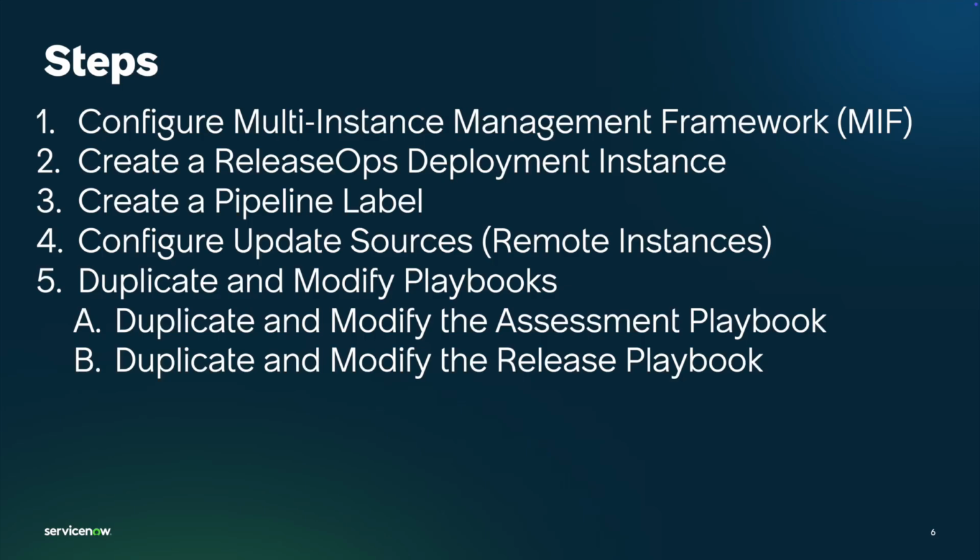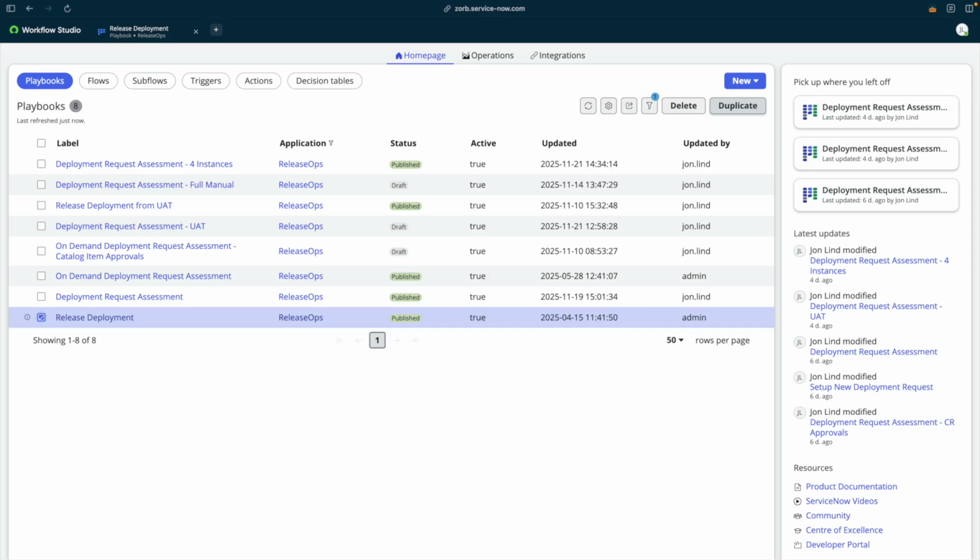Next, we will be creating the duplicate of the release playbook. And remember, this is the one that takes the code to prod. Since we have added a UAT step as the last step before prod, we need to create one that will pull from UAT instead of pulling from test as the default does. To do this, return to Workflow Studio and make a duplicate of the release deployment playbook.